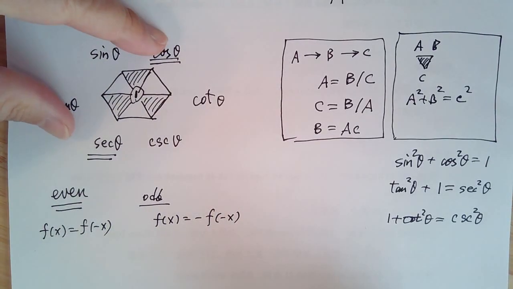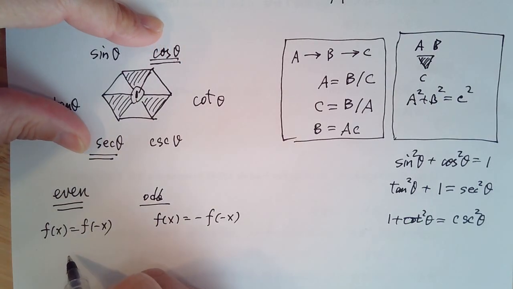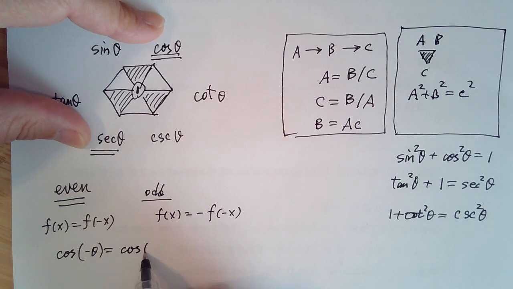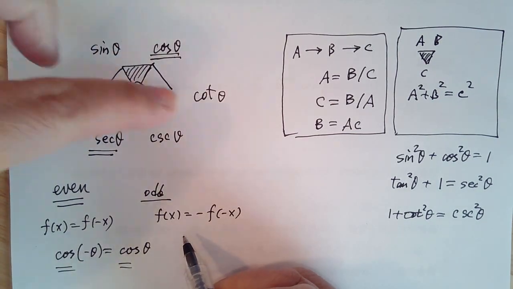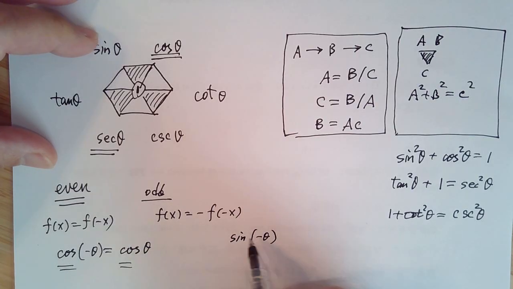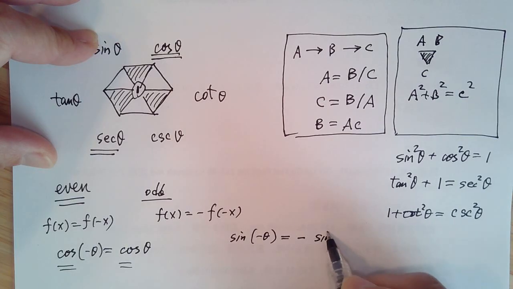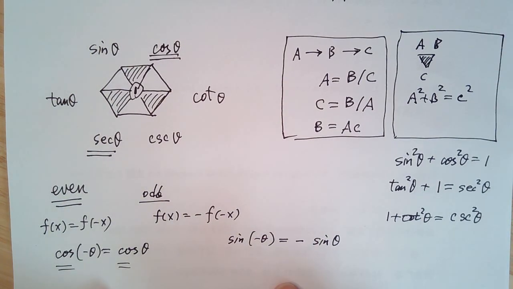So cosine theta and secant theta are even functions, which means cosine of negative theta is the same as cosine theta. That's why I put these two bars. And all the other four, like sine of negative theta, because that's an odd function, will be negative sine theta. See the difference between these two?